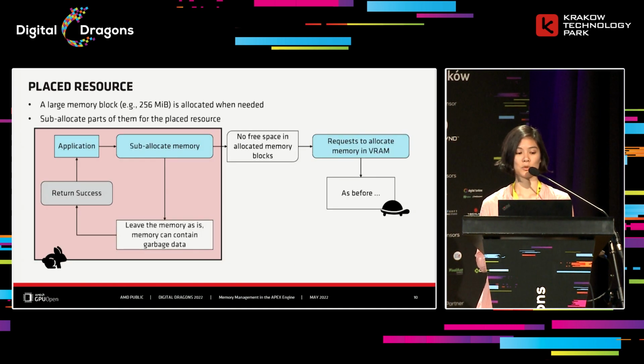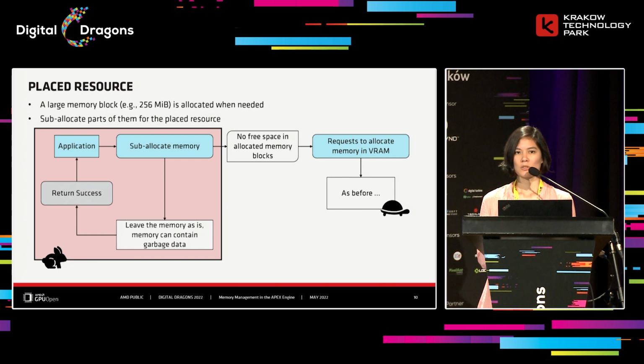Yeah, talking about placed resources. Usually you allocate a bunch of memory up front. As I said, for example, 256 megabyte. And then when you create the resource, you just sub-allocate. And this is really fast. And because you just sub-allocate, you also don't need to zero any memory because that's already done. So the data that's in there is just old data from your own application, so it's not sensitive.